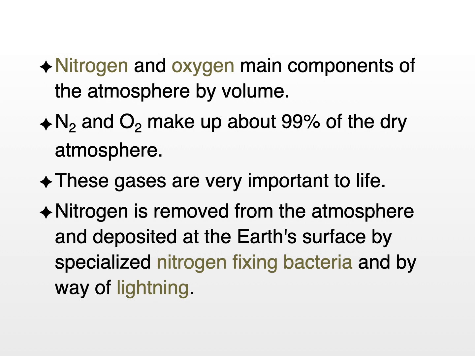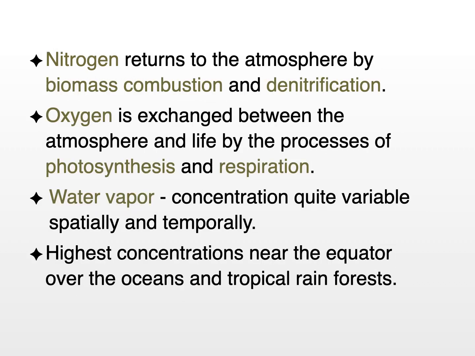Nitrogen is removed from the atmosphere by biomass burning, and it's also removed by bacterial action. It is deposited to the Earth's surface by specialized nitrogen-fixing bacteria, some of which form symbiotic relationships with plant roots, like legumes, and by way of lightning. Lightning produces solid forms of nitrogen that fall out with rainwater.